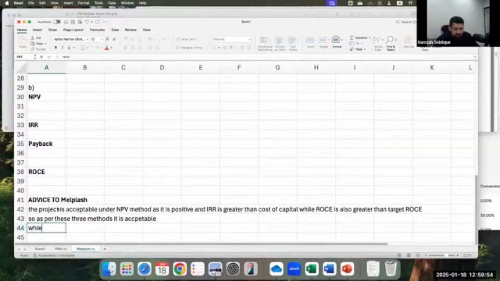While the payback period of the project is higher than the required payback decided by directors.